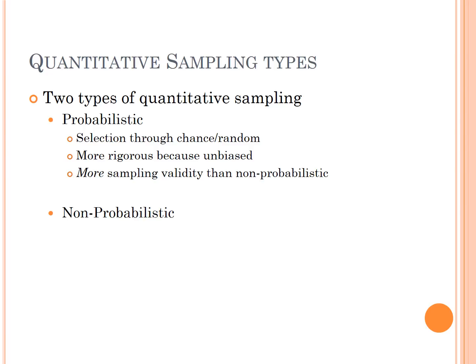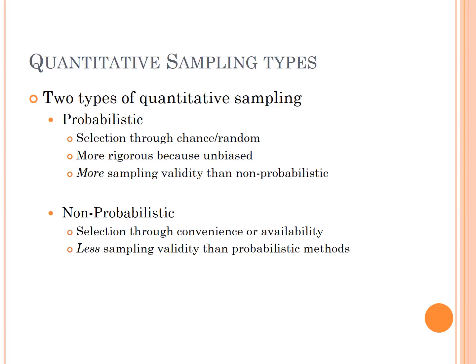Non-probabilistic sampling, as you can imagine, is the opposite of probabilistic, in that selection is not done through randomness or chance, but instead is done through convenience or availability. For instance, in non-probabilistic sampling, you tend to just look at who's around, who's available to be part of the sample.